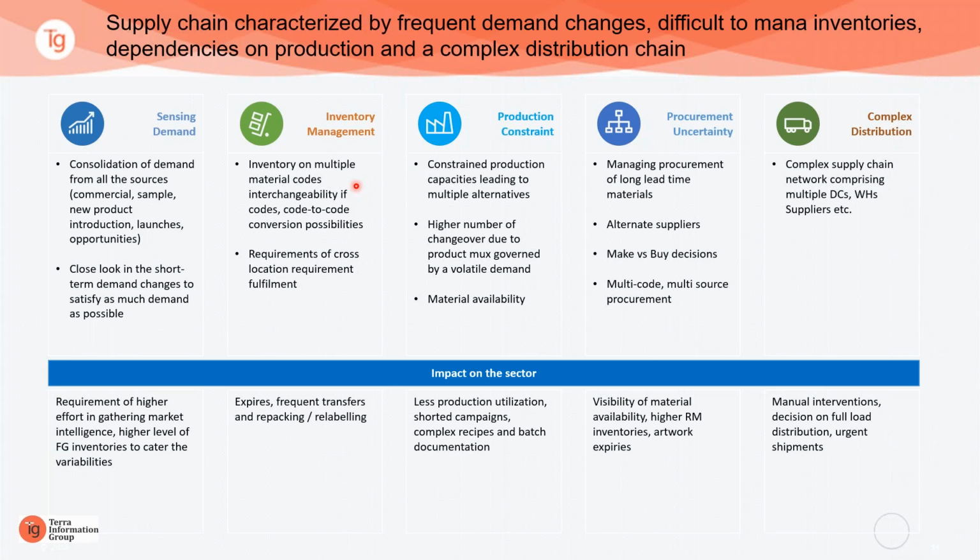Each and every industry has these production issues, and the impact is that either the available capacities are not 100% utilized, or changeovers increase, the batches produced are not as expected, and there is a lot of shelf life expiration as well, right?